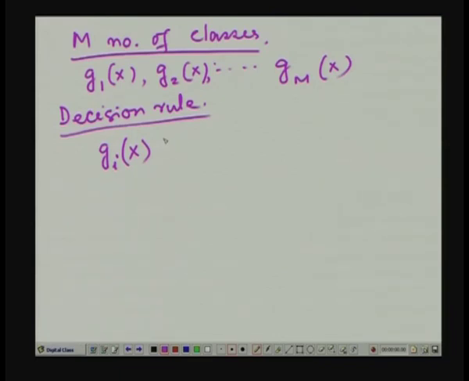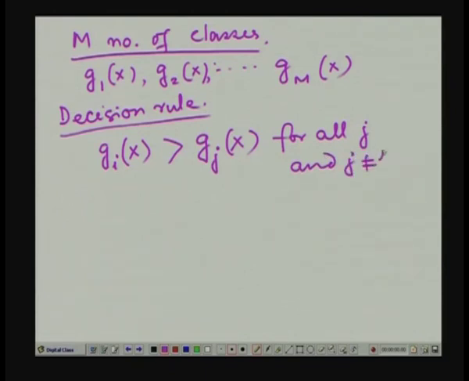So, if I find that g i x is greater than g j x for all j, and j is not equal to i, obviously, in that case, I decide that this feature vector, or the object having the feature vector x, belongs to class omega i.